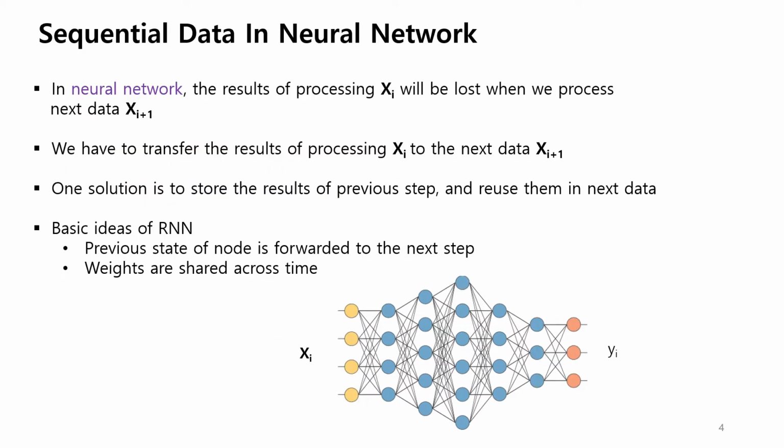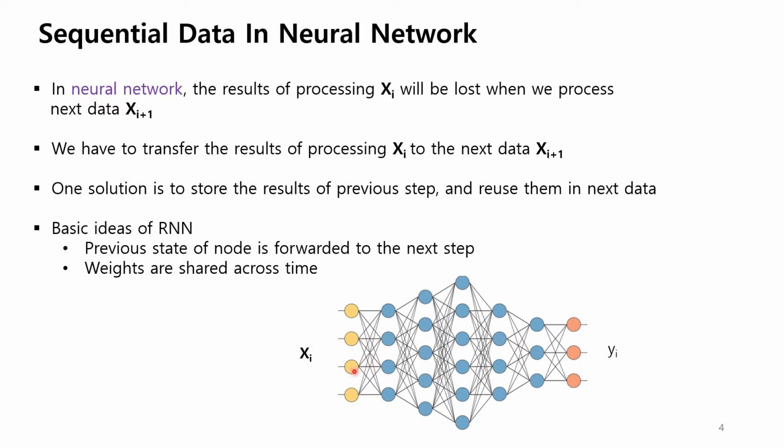In the previous slide, I explained the possibility of processing sequential data using neural net, which is displayed here again. Actually, this doesn't work because in neural net, the output of neural net, in this case yi, depends only on xi.